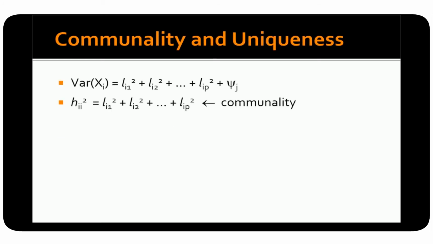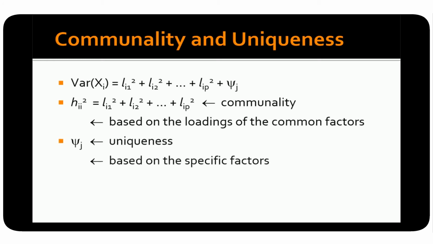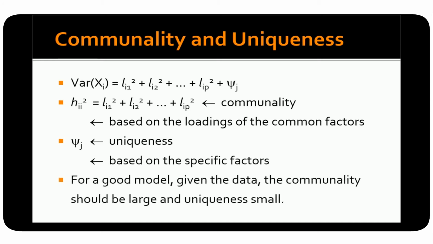Now, what we can see here is that the variance of xi is broken up into two components. One is the component given by the loadings, and the second component is the component coming from the variance of the specific factors. The first component, this sum, is referred to as the communality, and the second component, the psi i, is referred to as the uniqueness.